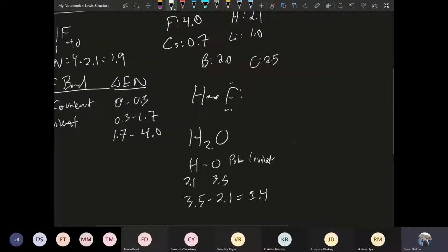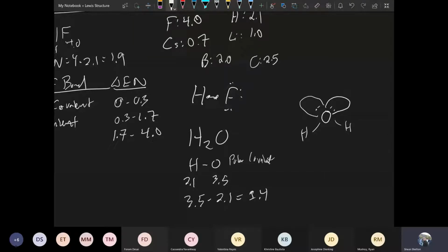So now I'm going to go back to the other day where we talked about the molecule. We drew the Lewis structure for water, and we had a Lewis structure that looks like this. Remember, the lone pairs go around the two pairs of electrons on the oxygen.